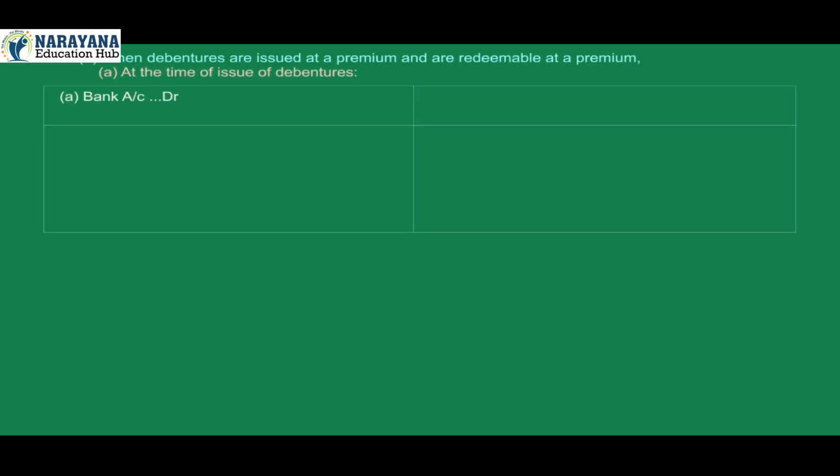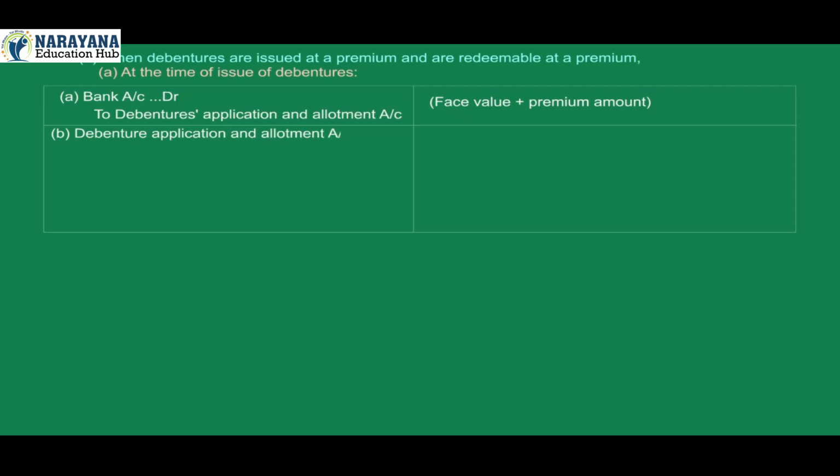2. When debentures are issued at a premium and are redeemable at a premium. A. At the time of issue of debentures. A. Bank account debit face value plus premium amount to debentures application and allotment account credit. B. Debenture application and allotment account debit face value plus premium amount.